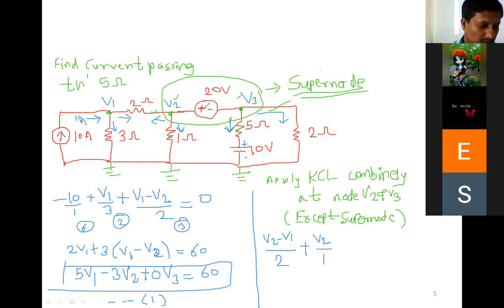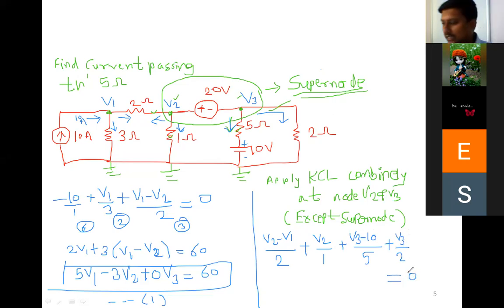Next, don't look at this part now. Now come to here. V3 minus 10 divided by 5 plus V3 minus 10 divided by 5. Next plus V3 minus 0 divided by 2, V3 by 2. So it is equal to 0. So solve this equation. After solving, LCM is 10.